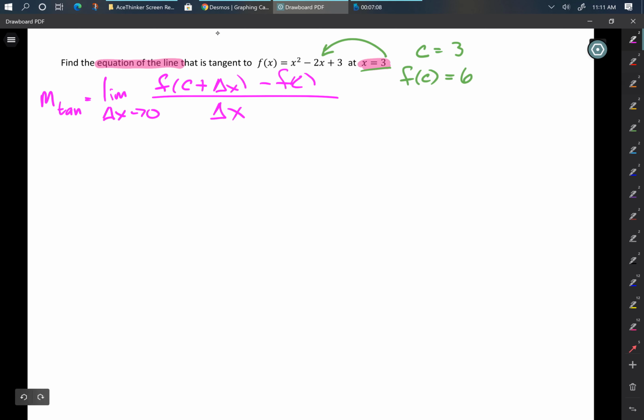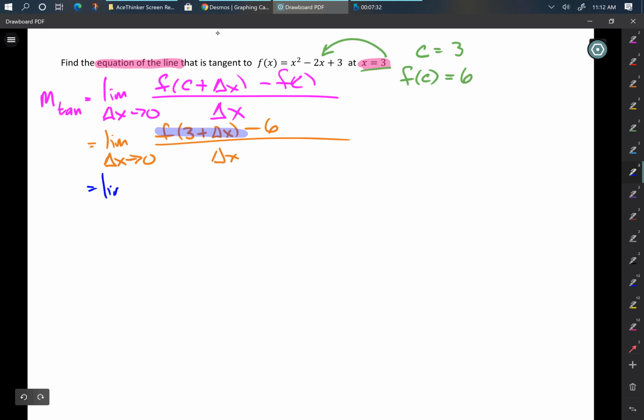Right? Doing the substitutions, putting in the things that I know to be true, I'm taking the limit as delta x approaches 0 of f of 3 plus delta x minus 6 divided by delta x. I'm going to figure this piece out. Okay.